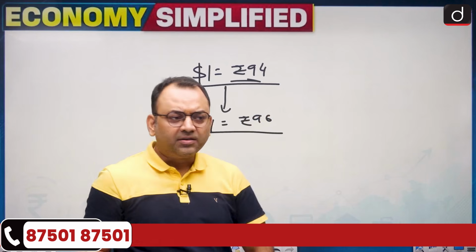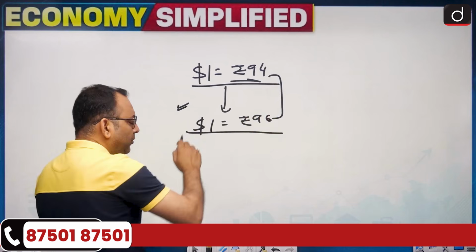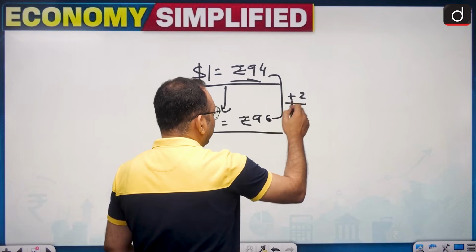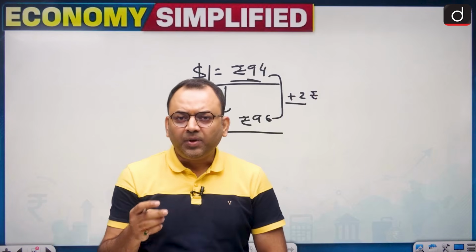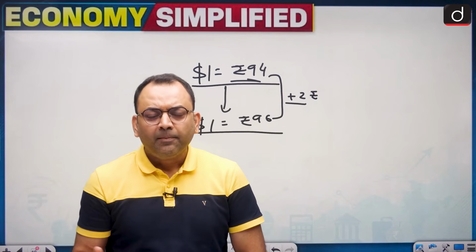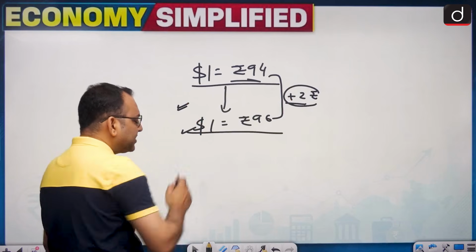Now what is happening is that in the process, I am having only the same dollar, but I am paying 2 rupees extra for the same dollar. It means the rupee is losing value, because despite paying 2 rupees extra, I am getting only the same $1.